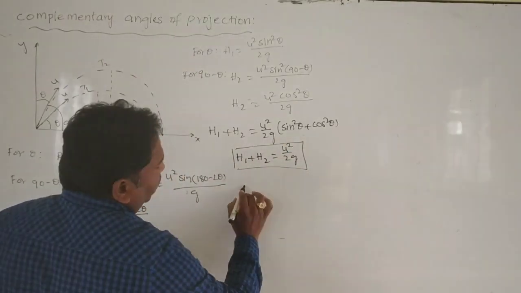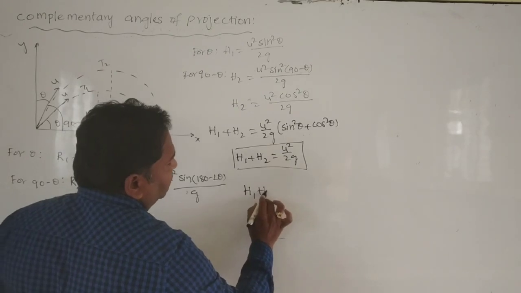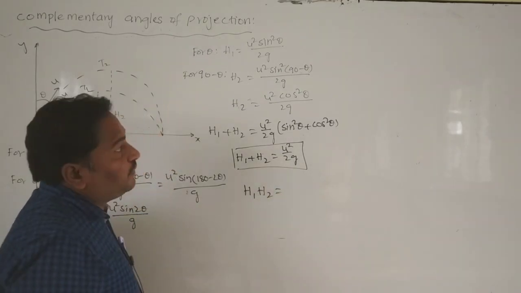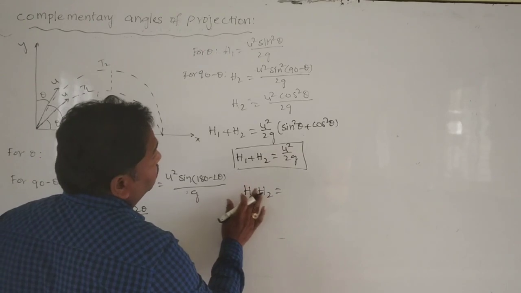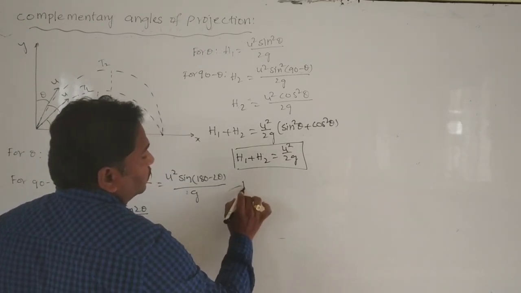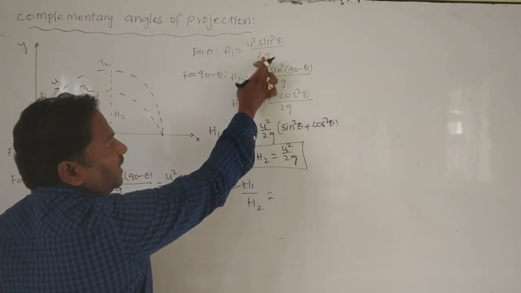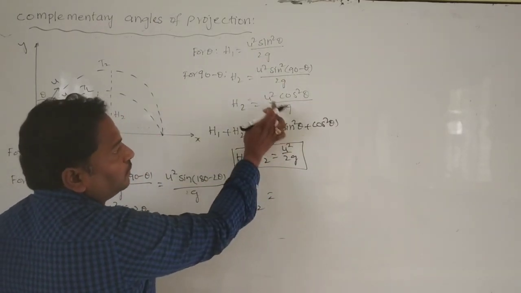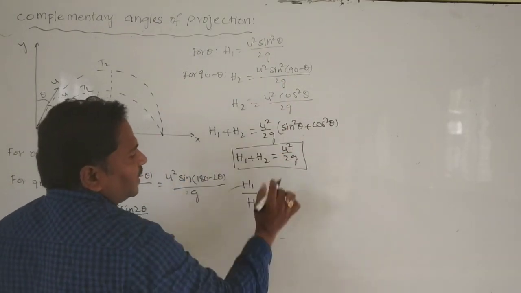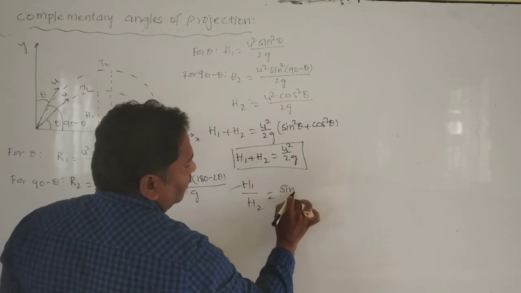Next, when we take the ratio h1 by h2, u square by 2g cancels.